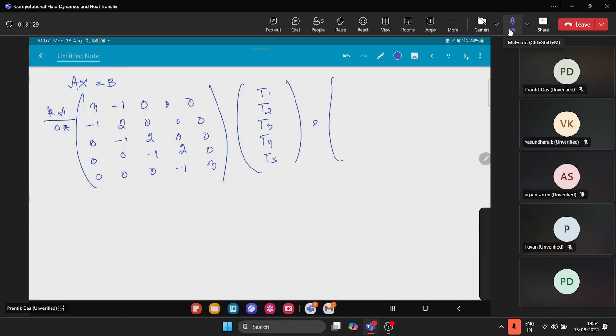This is basically equal to 2 Ta 0 0 0 2 TB multiplied with Ka by delta x.